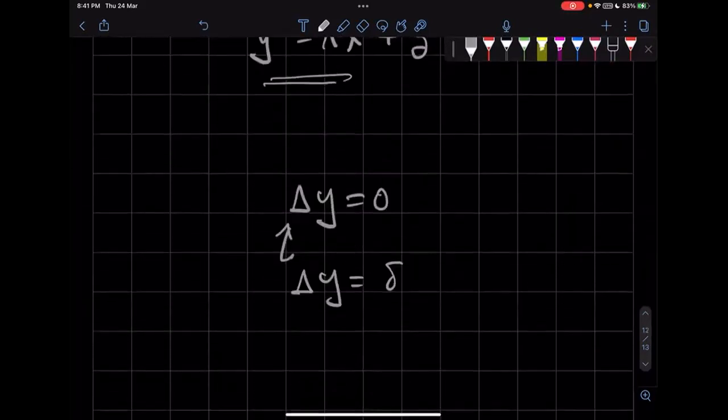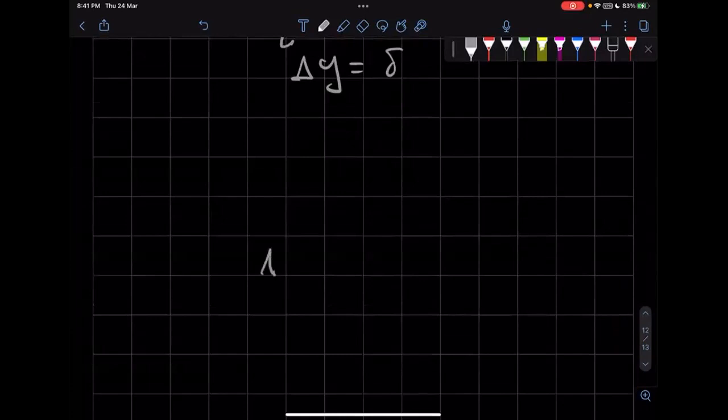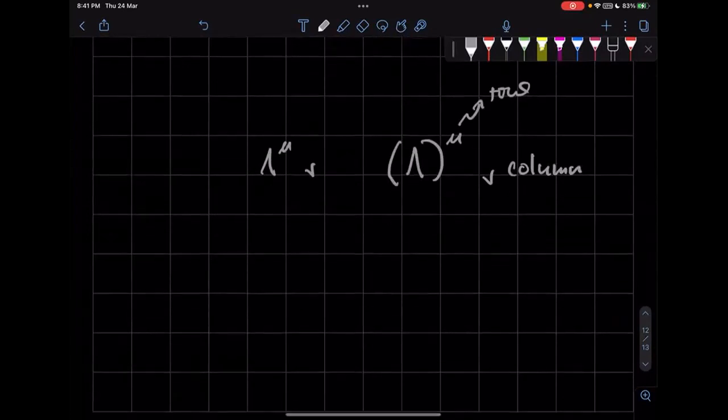Okay, so lambda mu nu means that we have a matrix lambda and we are taking its row and column. So this is the row index and this is the column index.